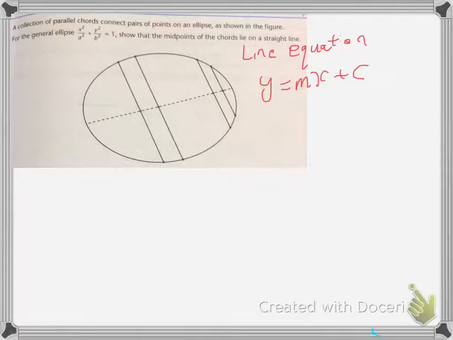So now as we have y equals mx plus c, we're just going to substitute that equation into the general ellipse equation. The reason for that is we need an equation that has m, which is the gradient. So we substitute in here for x squared, and then multiply by a squared and b squared, just to get rid of the denominators.